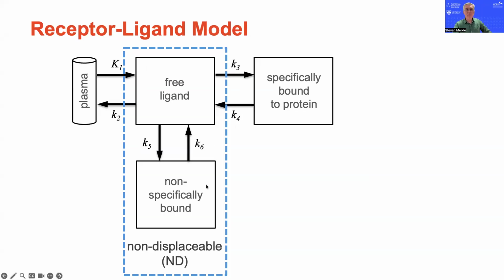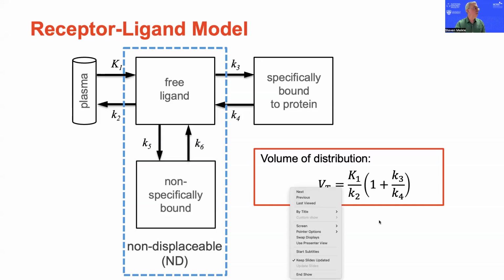And we've got K5 and K6. But what we usually do, very often do with these tracers, is we make the assumption that these two compartments reach an equilibrium very, very rapidly, in which case we can collapse these two into a single compartment. And then I won't go through it. There's a lot of different variations on this model that typically become more and more simpler and have fewer parameters.